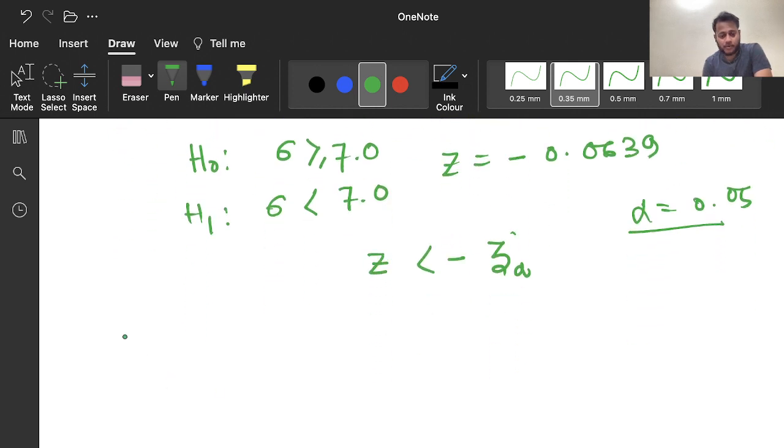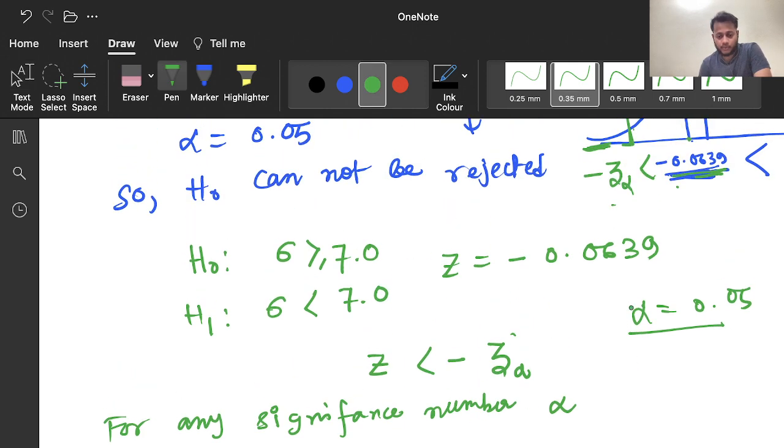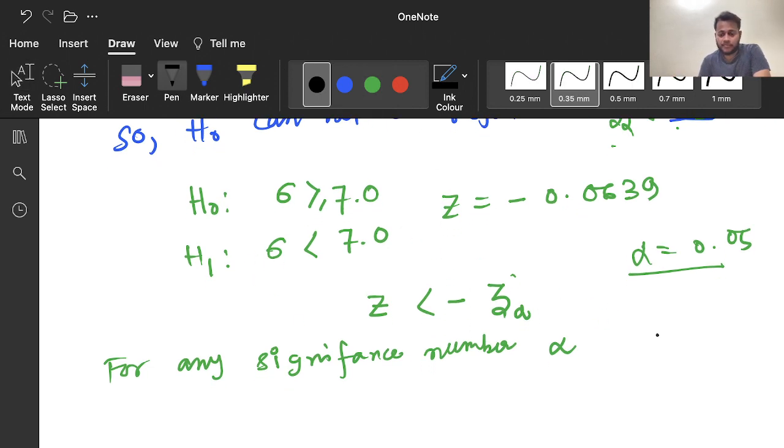So for any significance level alpha, we will accept the null hypothesis. So here also we cannot reject.